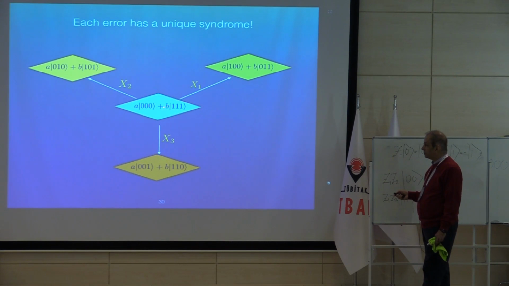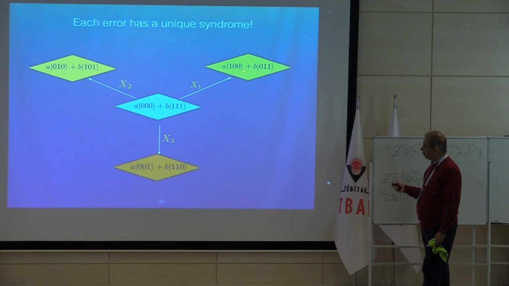If an X1 happens and the first qubit flips, this state becomes this one. Do you agree? If the second qubit flips, this state becomes this one. The third one flips, this state becomes this one. Do you agree?